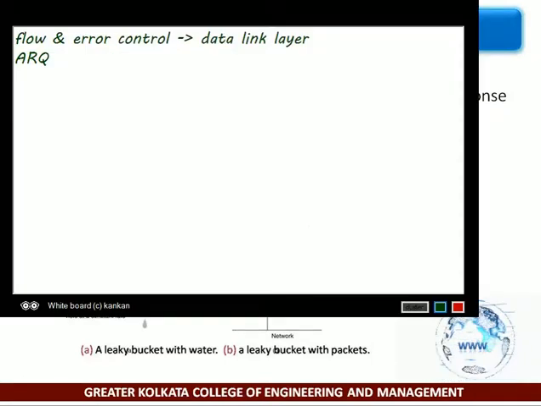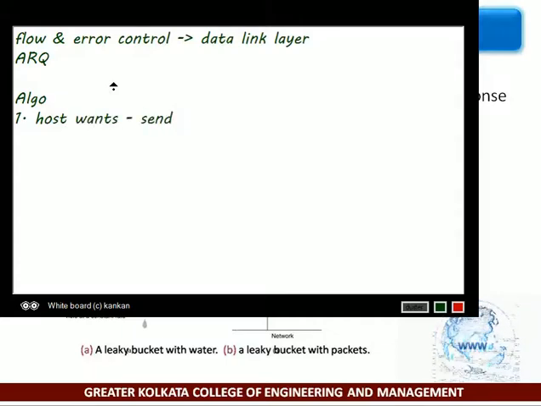What are the steps? Step 1, when a host wants to send a packet, then the packet is thrown into the bucket.